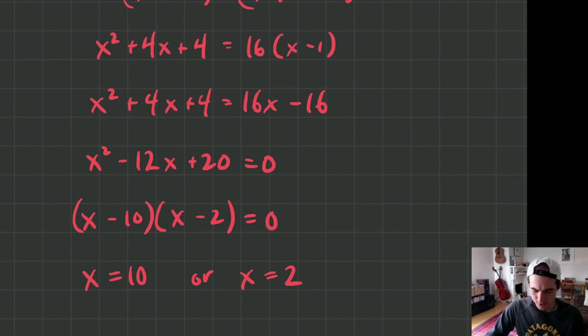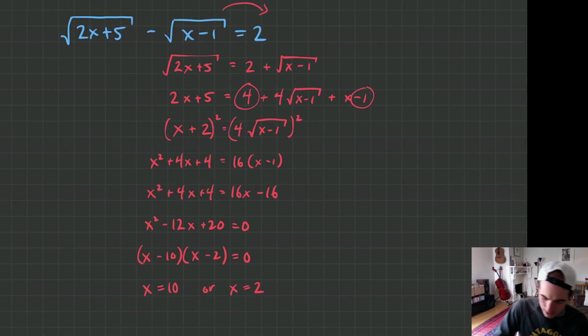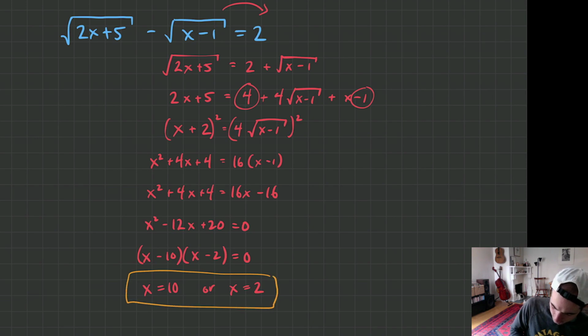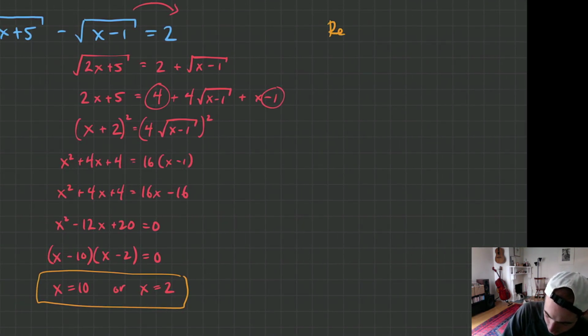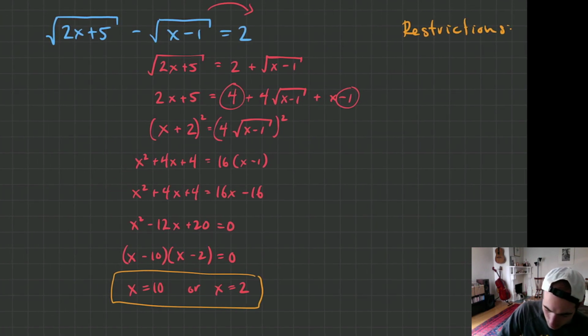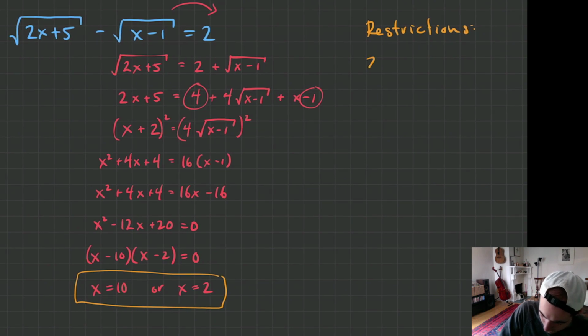I kind of cheated on this one a little bit because I forgot to check the restrictions first. So what are the restrictions? I'm going to quickly do the restrictions now. The restrictions are that 2x plus 5 must be greater than or equal to 0, so in other words, x must be greater than or equal to negative 5 halves.